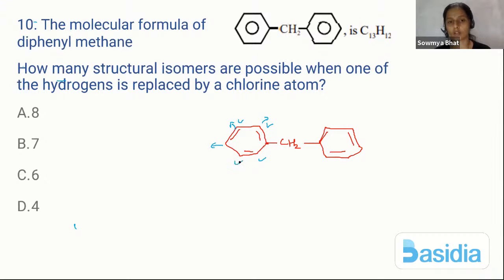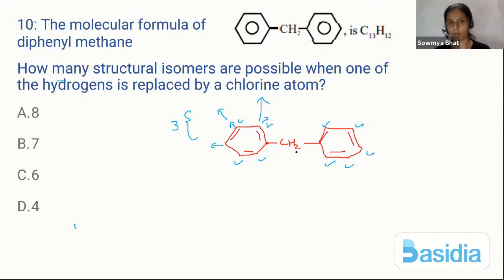This position and this position are equivalent. And similarly here, if you replace this hydrogen or these hydrogens, all are one and the same. So we can take different positions: one is here, the second one is here, and the third one is here. Rest all are equivalent in this ring as well. So from these 3 hydrogen replacements, you can get 3 isomers.